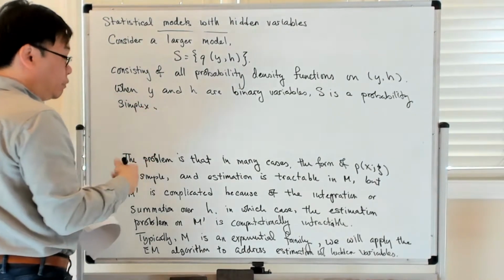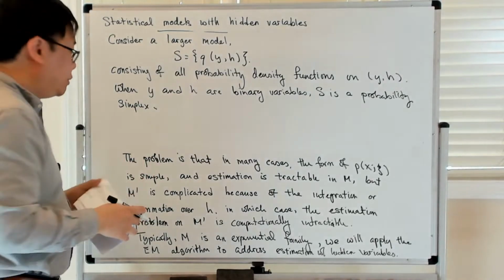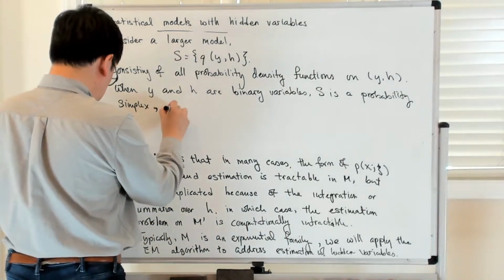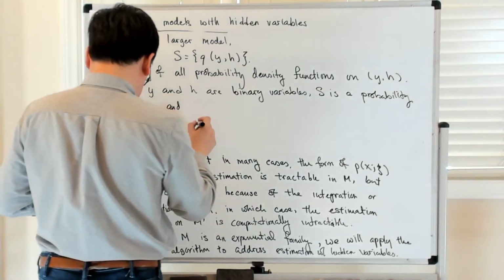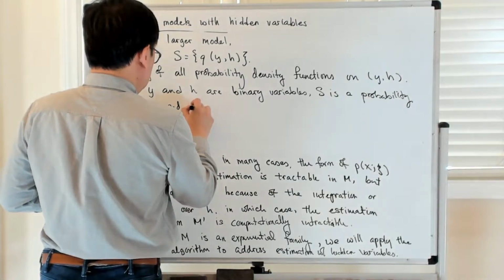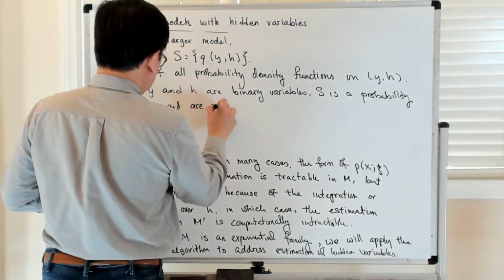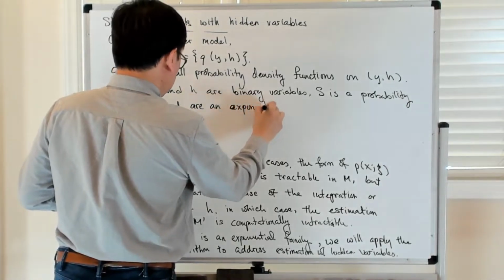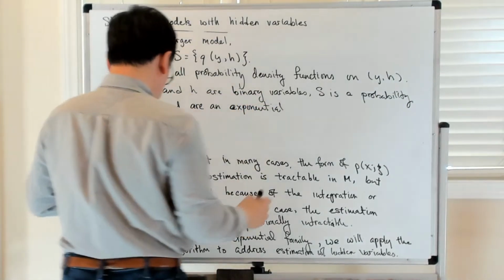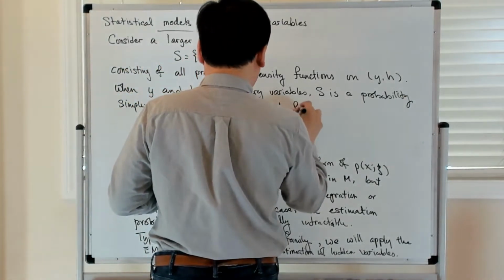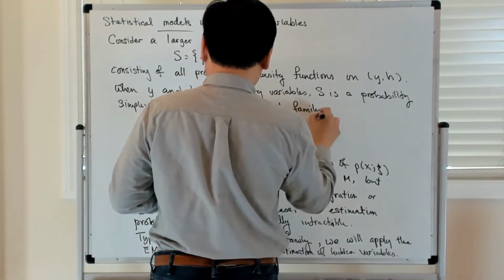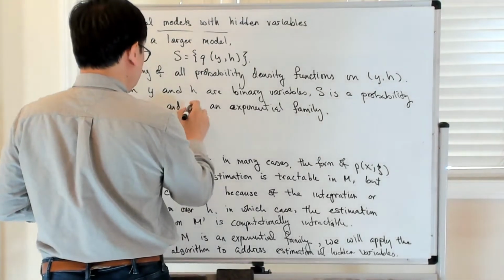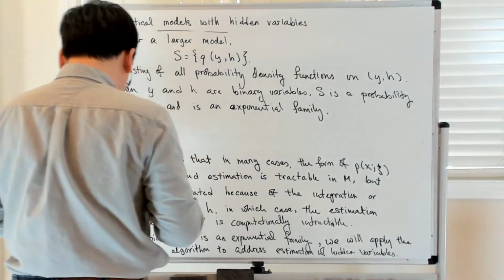And we know that probability simplices are an exponential family.